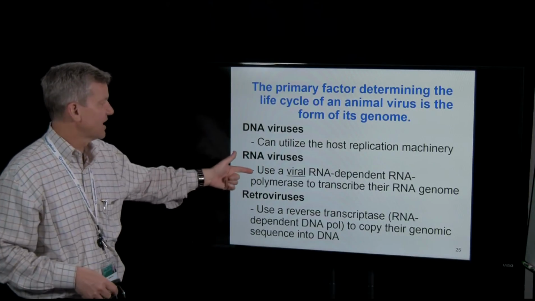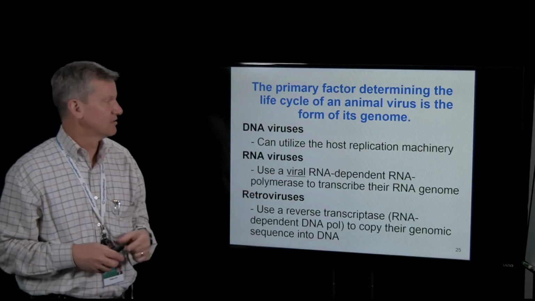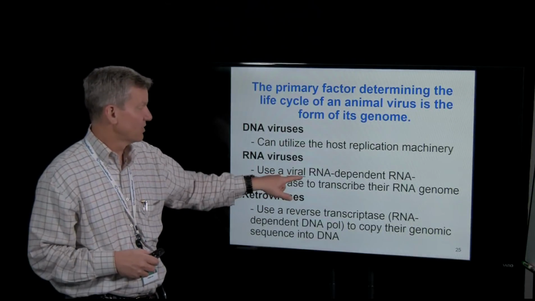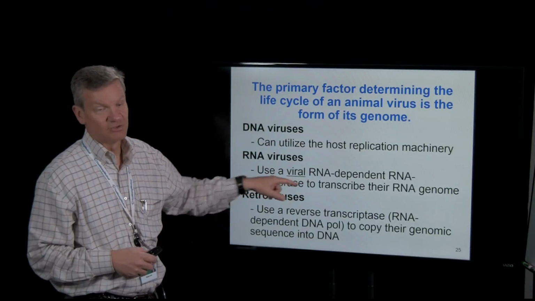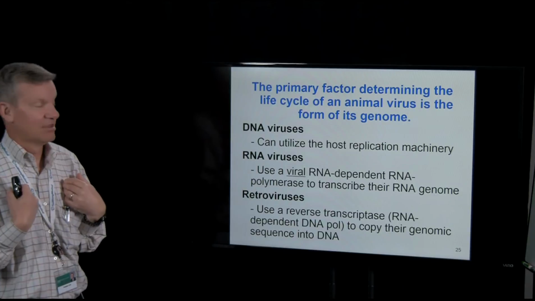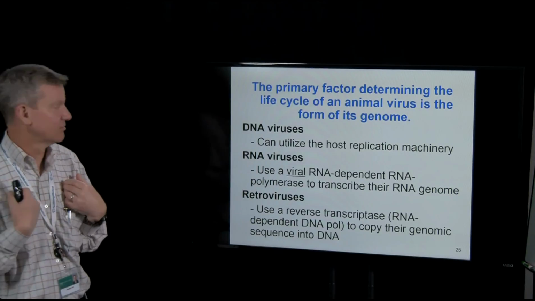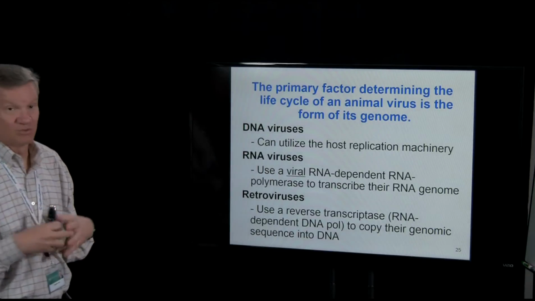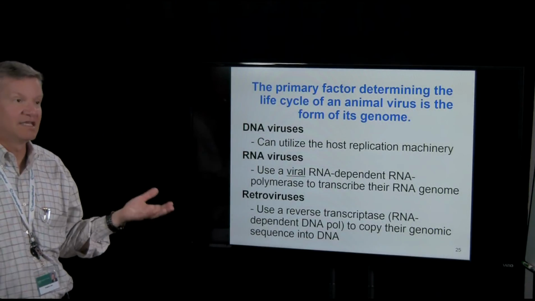RNA viruses use a viral RNA-dependent RNA polymerase. So they either have to carry this along with them, or they have to make it as soon as they come into the cell, because we don't make any RNA-dependent RNA polymerases, because we don't have an RNA genome. We have a DNA genome.